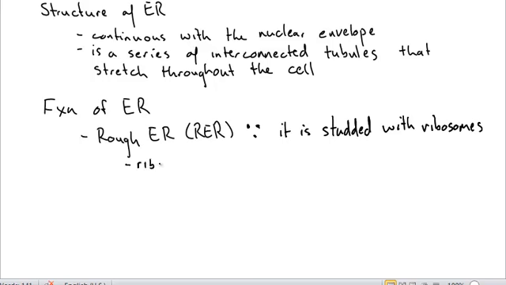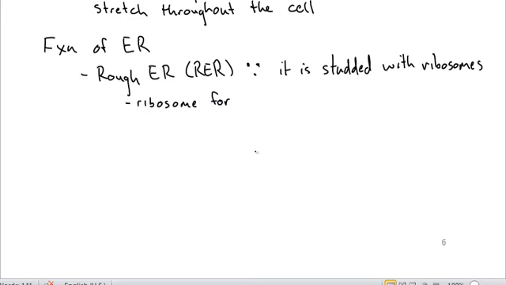And the ribosome, what is the function of them? That's right, they make proteins. So ribosomes force protein into the ER space.